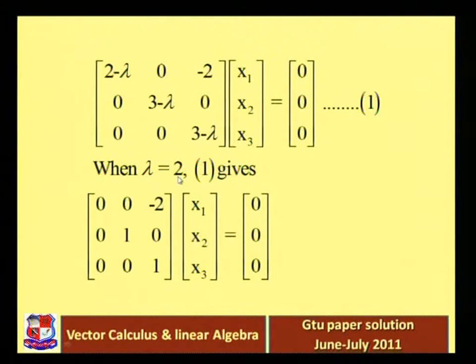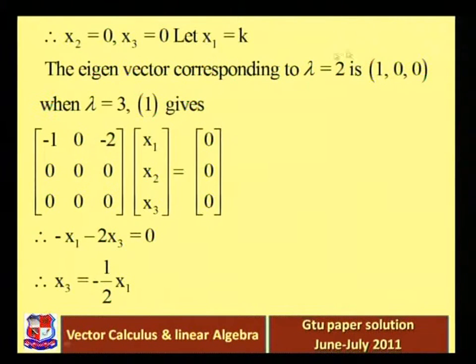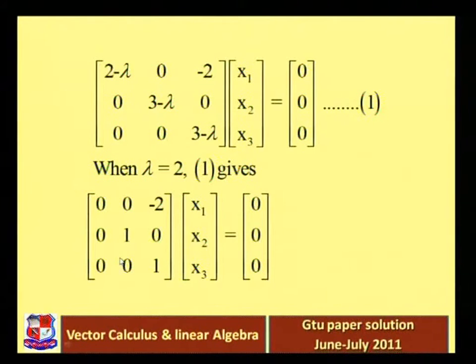Put lambda is equal to 2, so you will get 0, 0, minus 2; 0, 1, 0; and 0, 0, 1. Now we have to convert this matrix into row echelon form, but directly you can also solve this matrix.